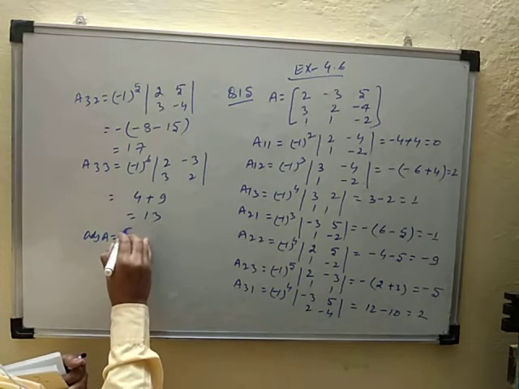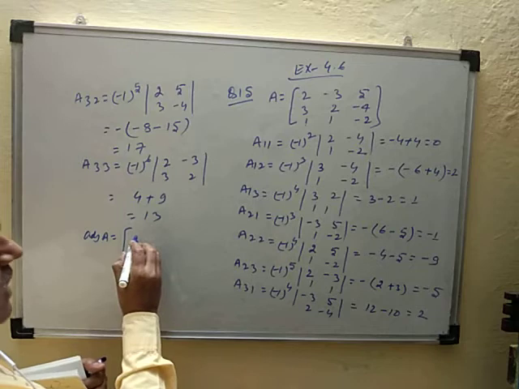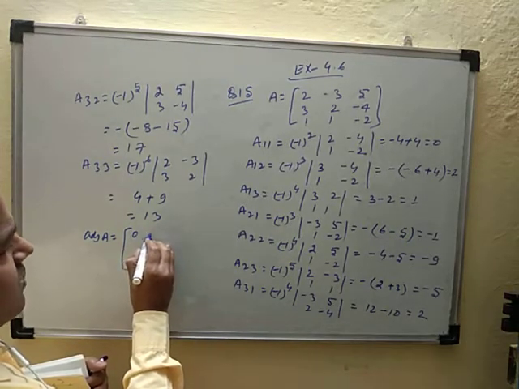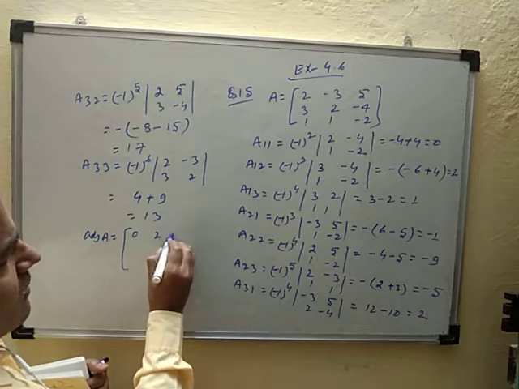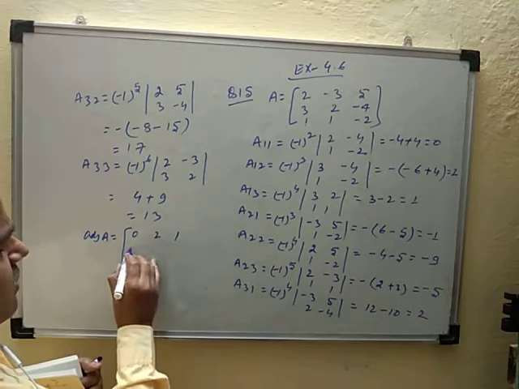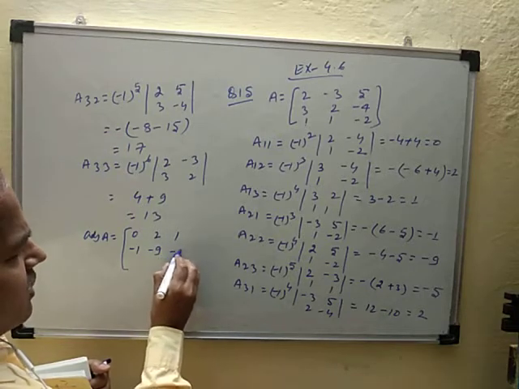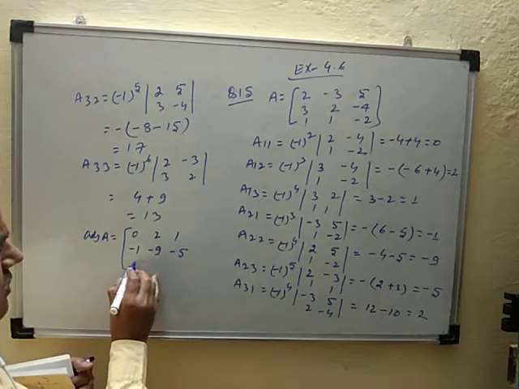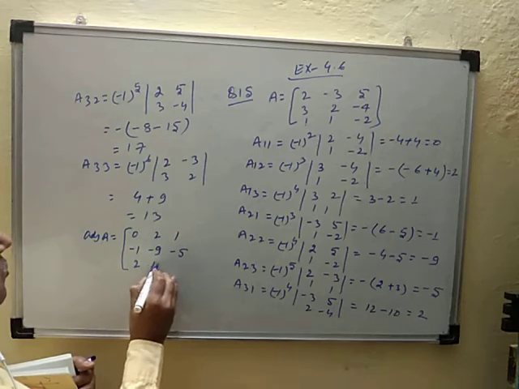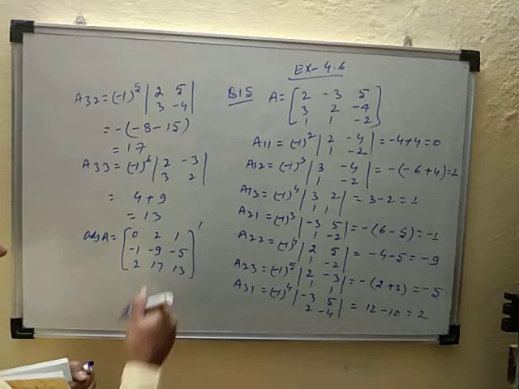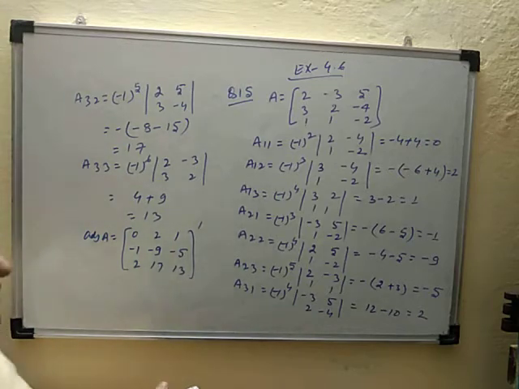So adjoint of A is equal to, first write A11. What is A11? 0. A12, 2. A13, 1. A21, -1. A22, -9. A23, -5. A31, 2. A32, 17. A33, 13. Take its transpose.